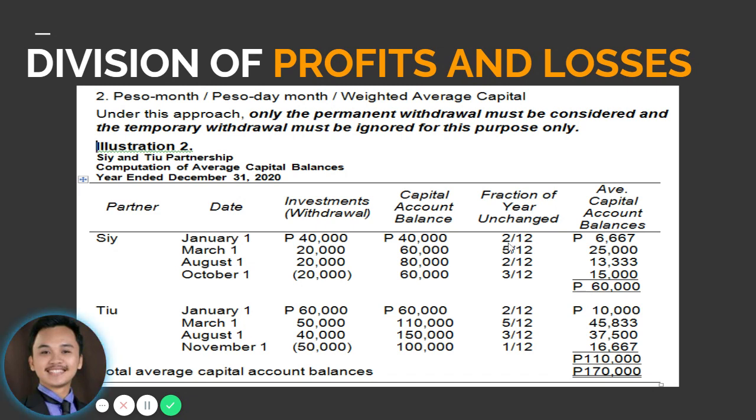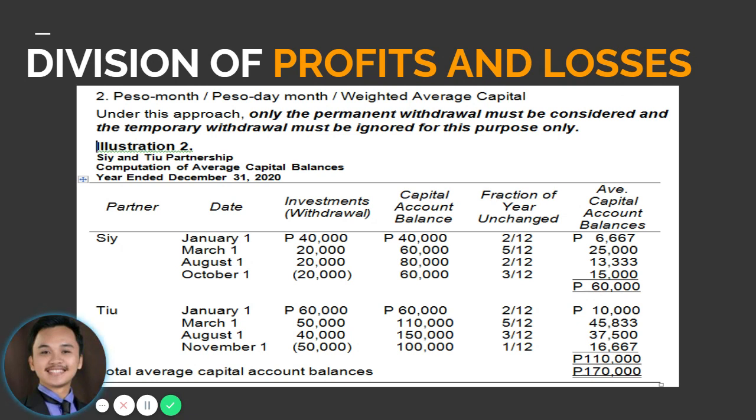Where does the 2 come from? That is from January and February, because starting March 1, there is now an additional investment of 20,000. Therefore, the capital account balance will no longer be 40,000 but 60,000. That is why we used 2 months as our numerator.